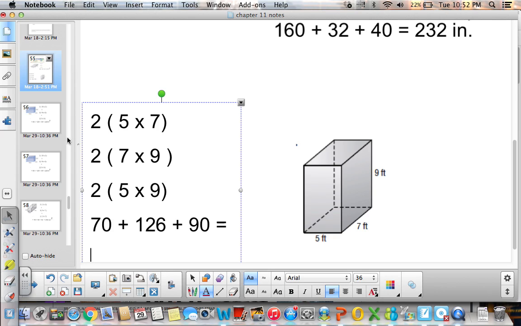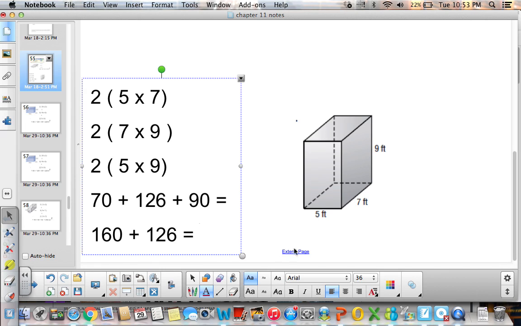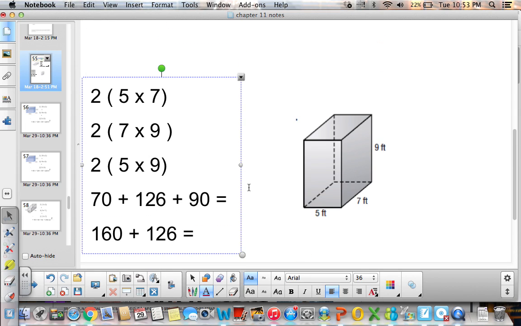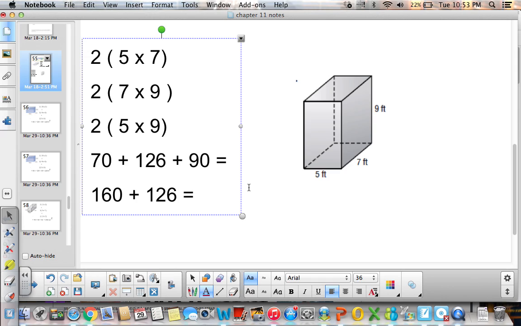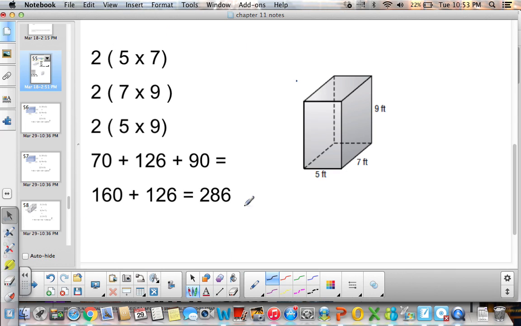So we have 70 plus 90 is 160 plus 126. So 160 plus 120 is 280, and then I add my 6. So we have 286 feet squared.